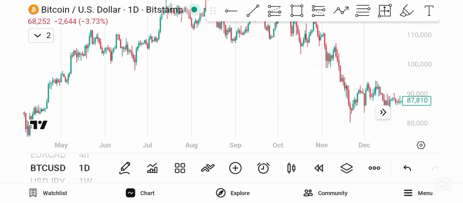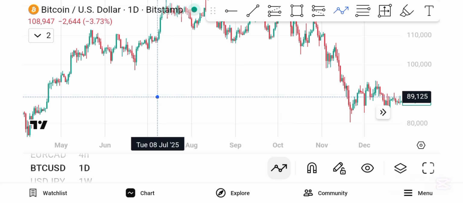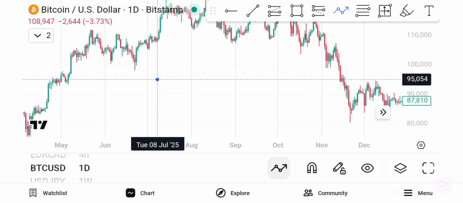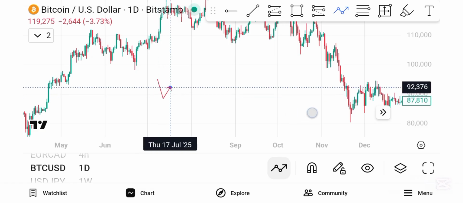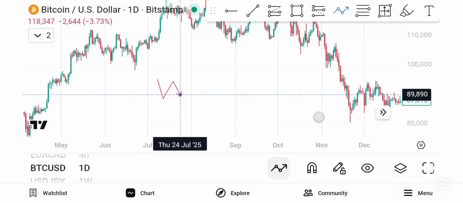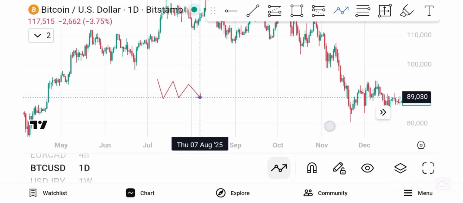Okay, consolidating. Consolidating is when the market is not making any decision. It's not buying, it's not selling, meaning it's not bullish, it's not bearish. In other words, a consolidating market is when price moves up, down, up, down, almost creating equal levels without any clear movement.